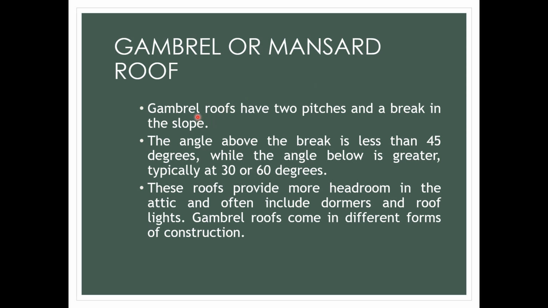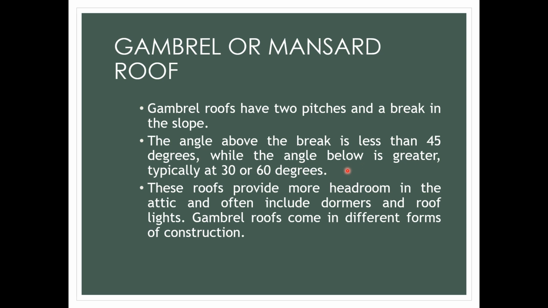Gable or mansard roof. A gable roof has two pitches and a break in the slope. Based on the videos that you have watched before, we know that gable and also mansard have two pitches that break in the slope. The angle above the break is more than 45 degrees, while the angle below is greater.